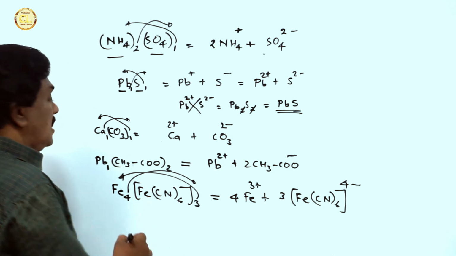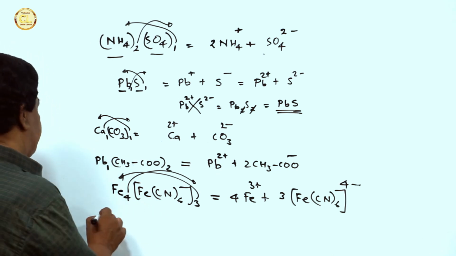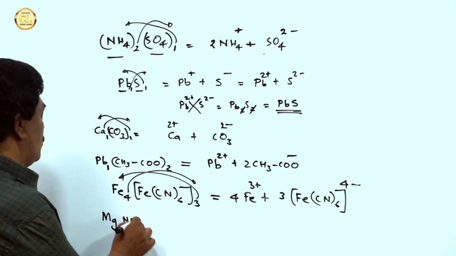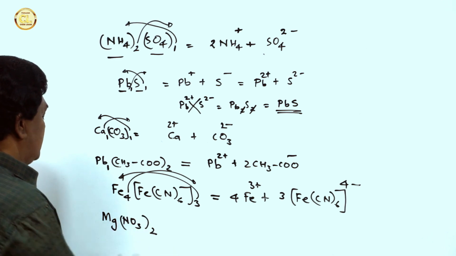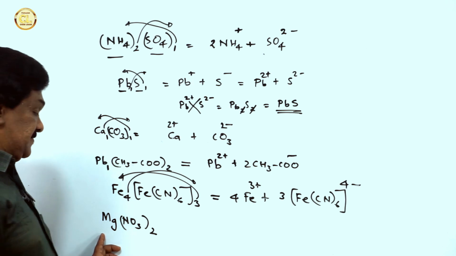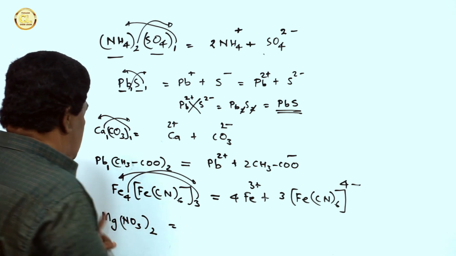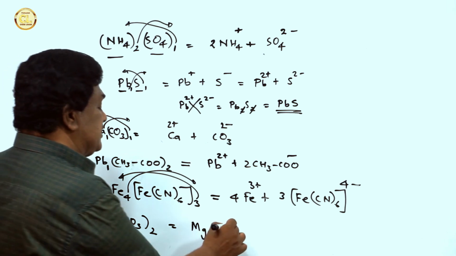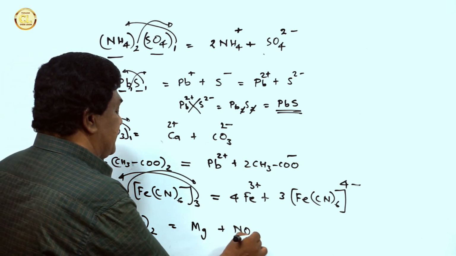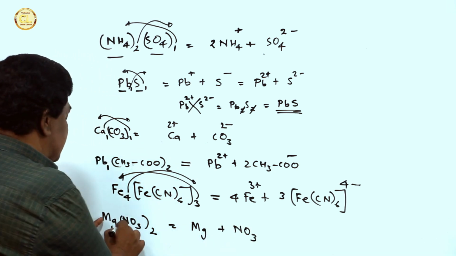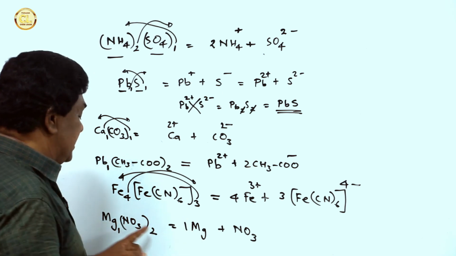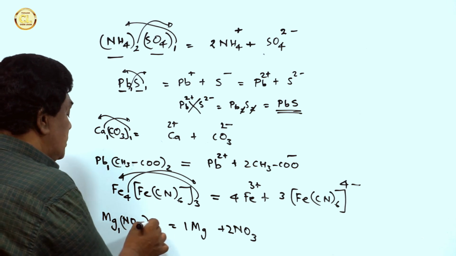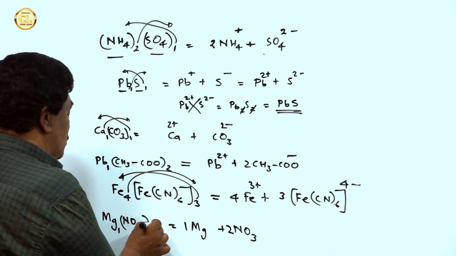Now, let us check another example. Mg(NO3)2. See, this is magnesium nitrate. Here, the cationic unit is Mg and the anionic unit is NO3. And you know that there is one Mg unit and there are two NO3 units. Now what are the charges of Mg and NO3?